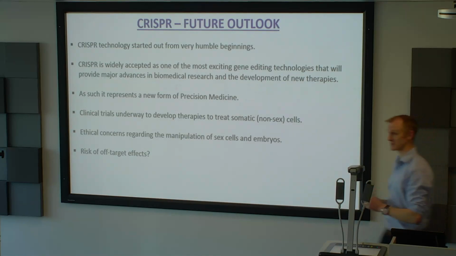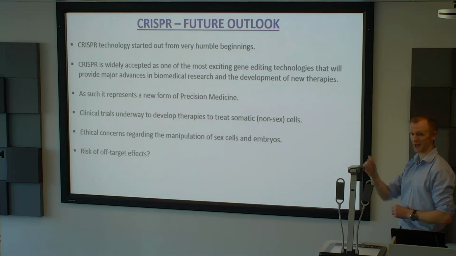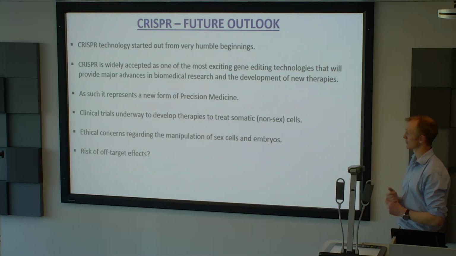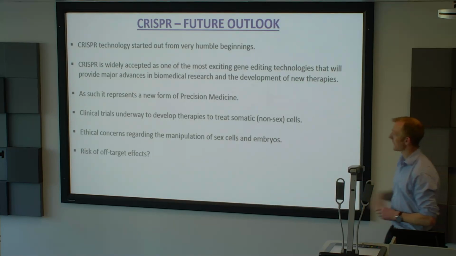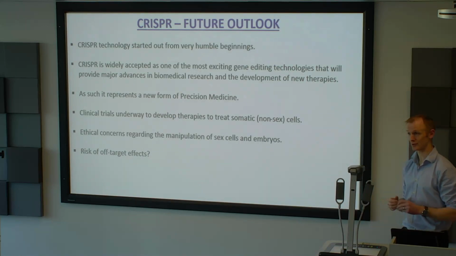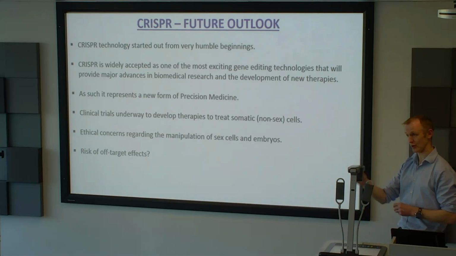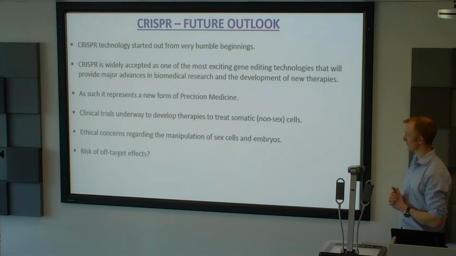It really is precision medicine because you can target a base, a single nucleotide, anywhere potentially in the genome to correct a mutation or to insert a new gene or to remove a gene. And there's clinical trials underway. On the clinicaltrials.gov website in the States, there's 26 CRISPR trials underway now. I mentioned there's one in vivo and one ex vivo, but there's many more that have started as well.